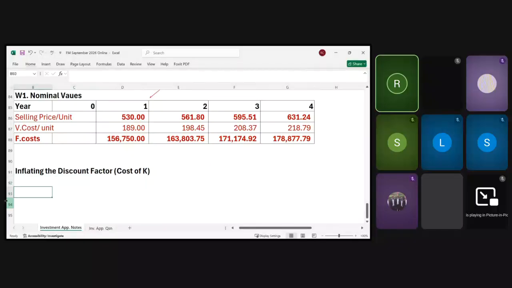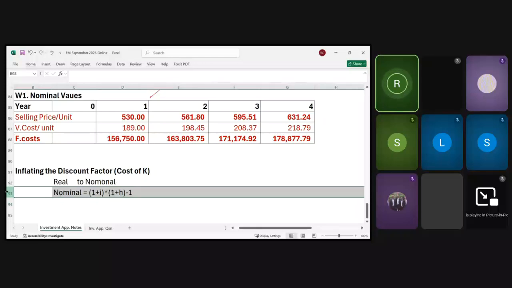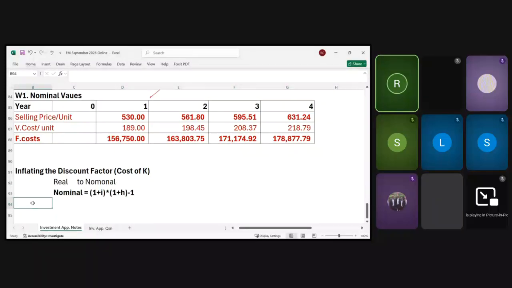It means that your real discount factor, the formula for real to nominal discount factor, is: nominal equals (1 plus I) multiplied by (1 plus H) minus 1.